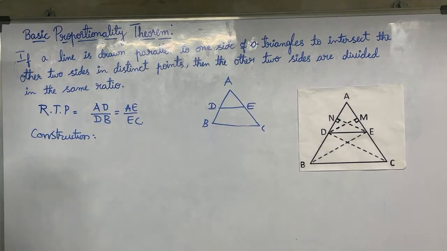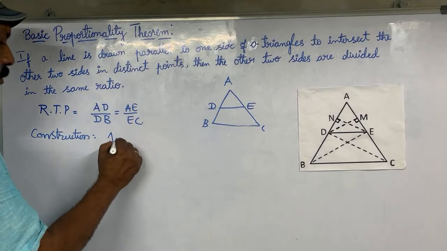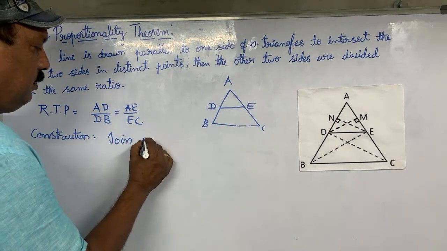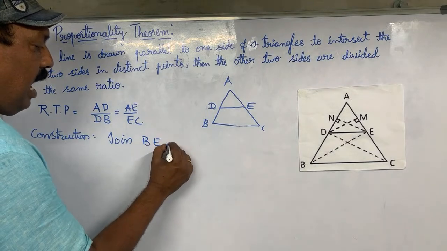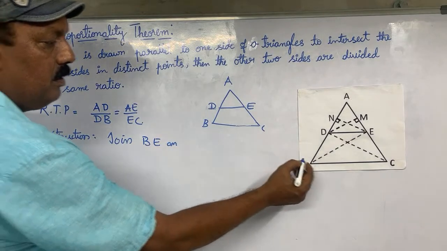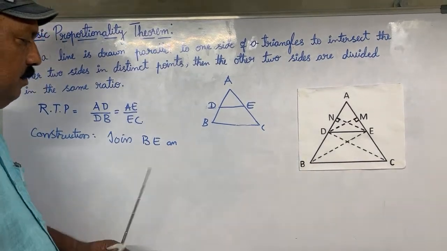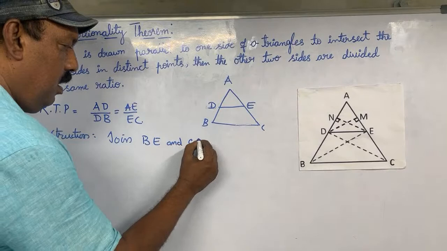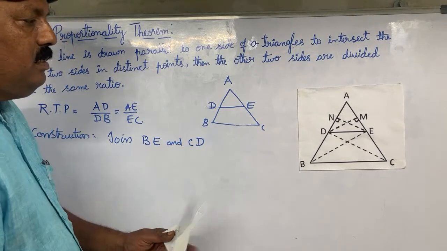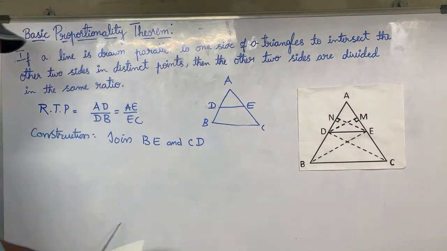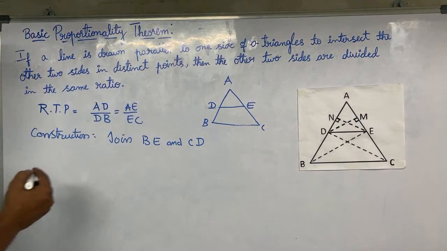Here, what do you have to construct? Join BE and CD. And again you draw DM and EN, and further what are you going to do?